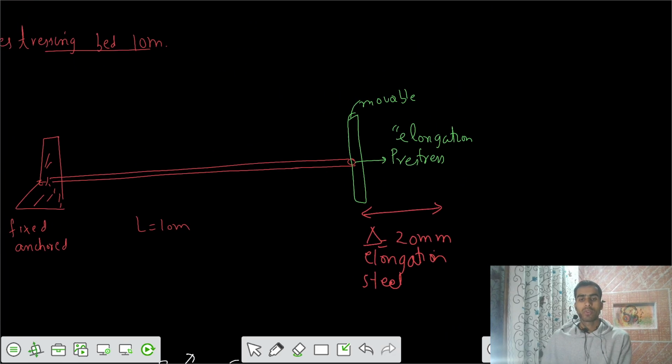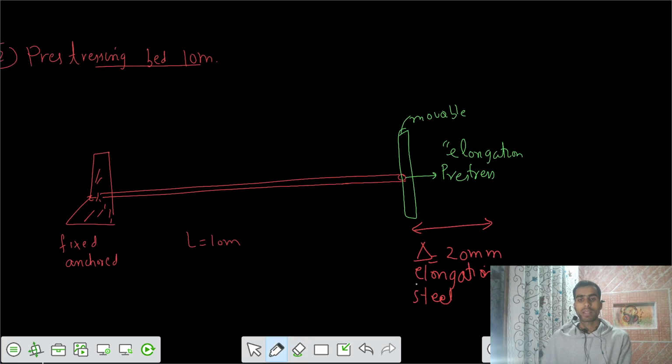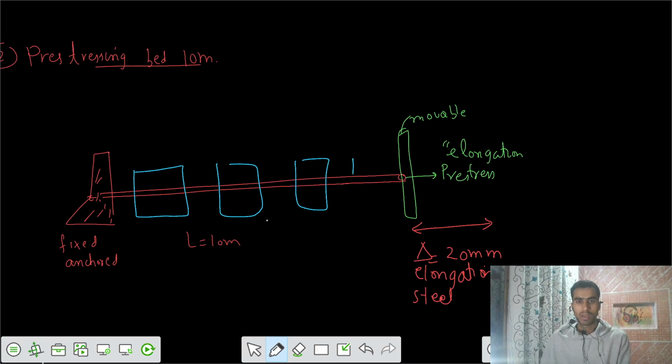Now we are going to have some beams also. Let's take 4 beams, 1, 2, 3, 4. Each beam length is 2.3 meters.